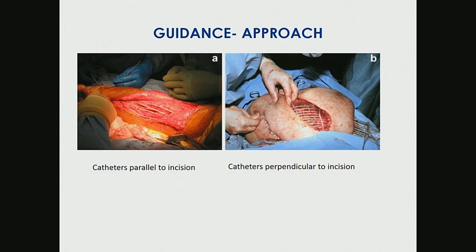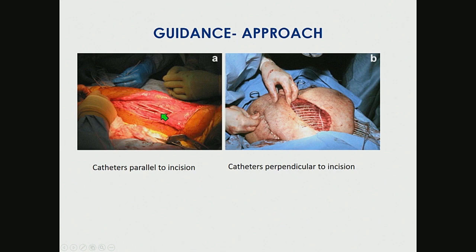There are two different approaches you could talk about when you have an implant. On the left, this is for a sarcoma treatment. The catheters are placed parallel to the incision. In this way, you have fewer catheters, but the treatment length for each catheter can be very long.